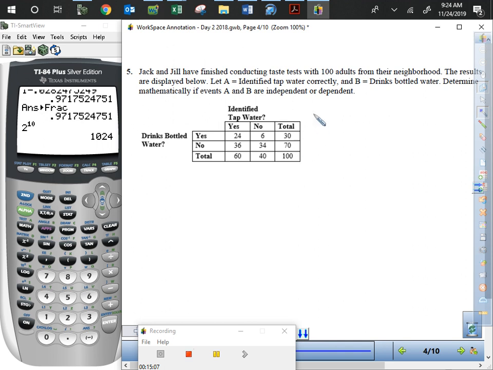Okay, so we want to know A and B. We need to look at all the people who identified tap water correctly. Remember to do an independence test, we need the probability of A, probability of B, and then the probability of both.